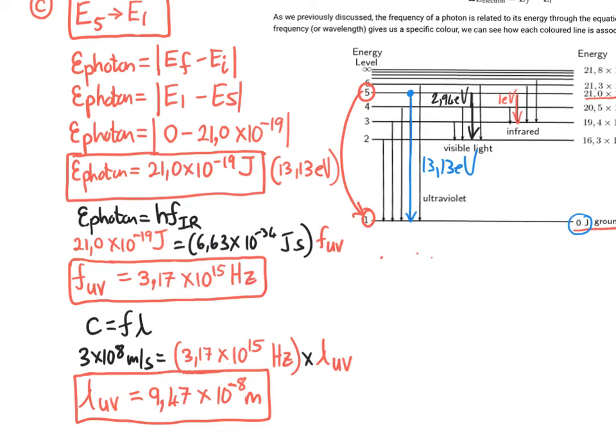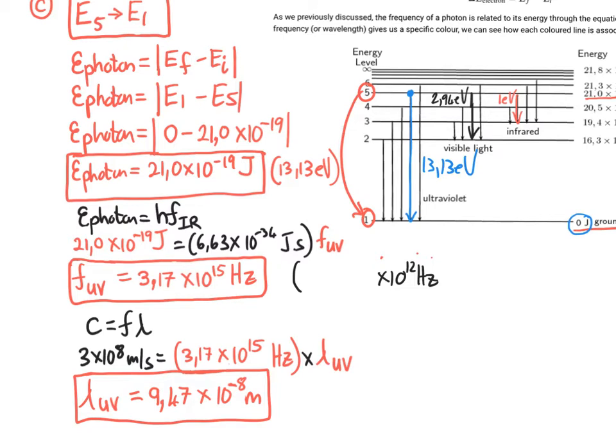Now if we are asked, which we were, to convert that to terahertz, then that means that we want to write the frequency in the form of times 10 to the 12 hertz. Now that means that here we need to reduce this by 10 to the 3. So we do that by dividing by 10 to the 3 or multiplying by 10 to the minus 3. But that means that we've got to multiply here by 10 to the 3, which is the same as moving the comma 3 places to the right.